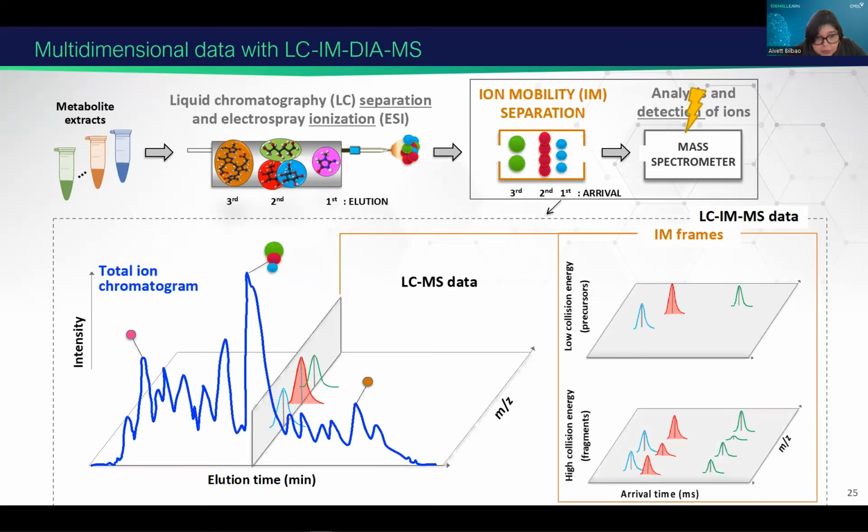While the instrument collects the precursor information for each LC time point, it also adds this additional separation by mobility. These modes are alternated as well, including a cycle where the collision energy is applied, so we can then separate the precursors and fragments based on the retention time and the mobility.